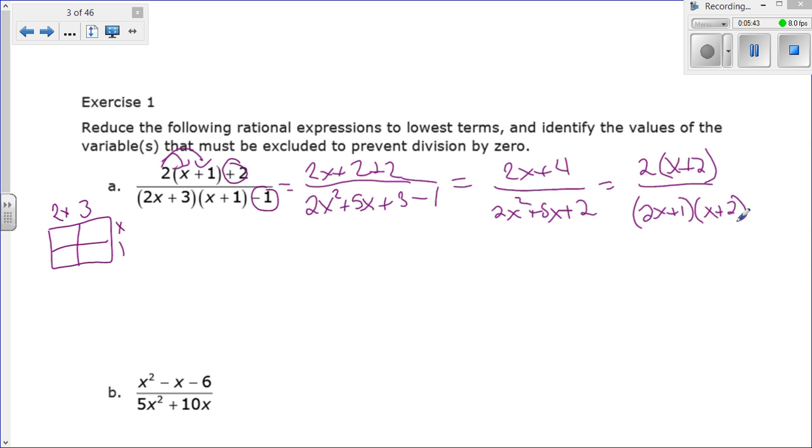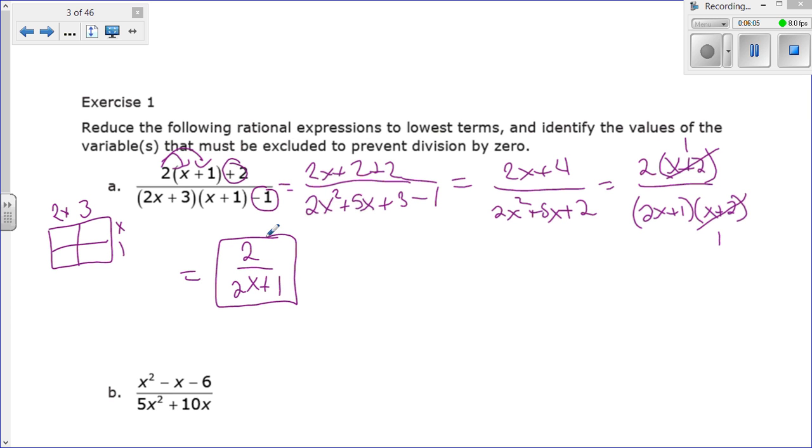Now that I'm completely factored, I cross off the x plus 2, the x plus 2, because they cancel out, because I can only cancel out factors, not individual terms. So what I'm left with is 2 over 2x plus 1.